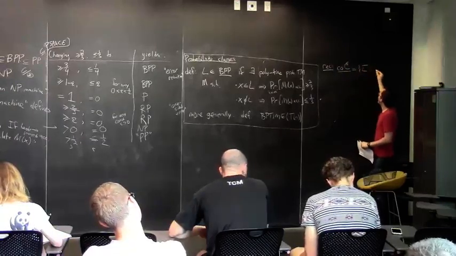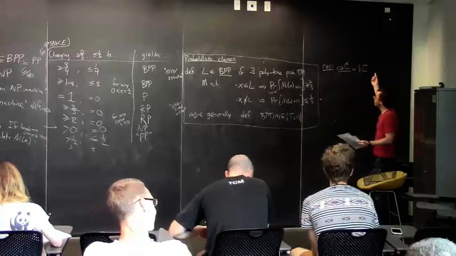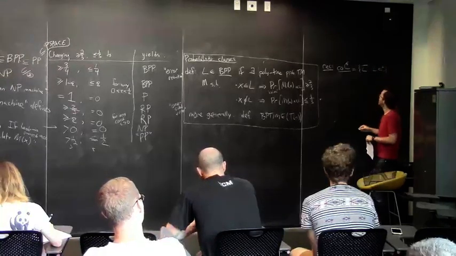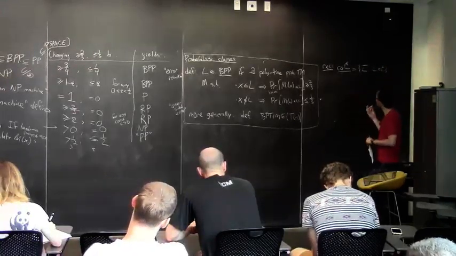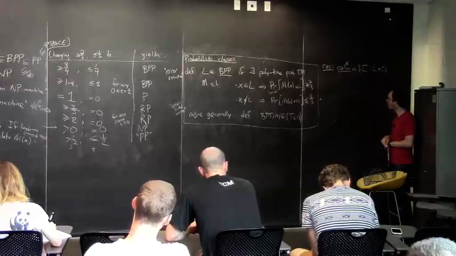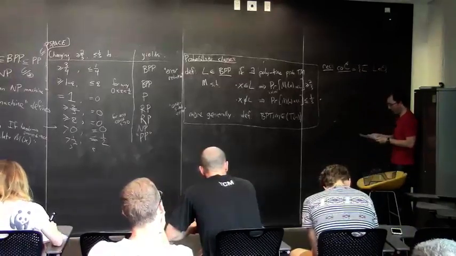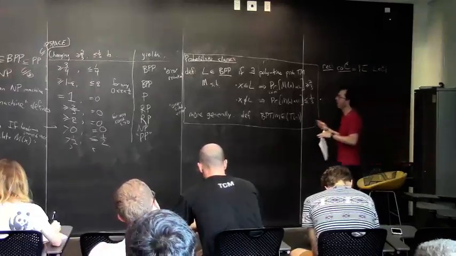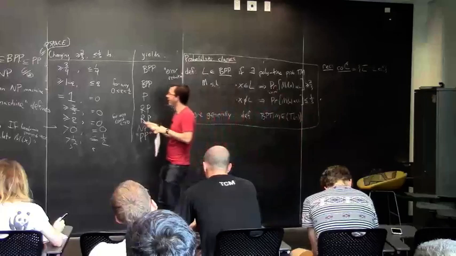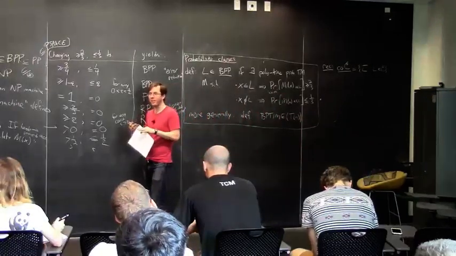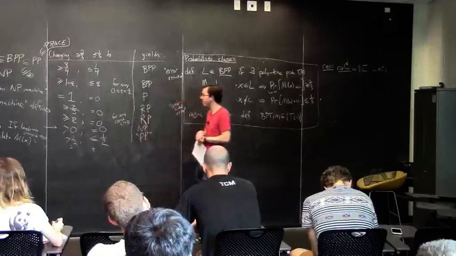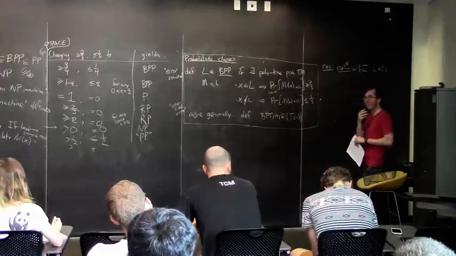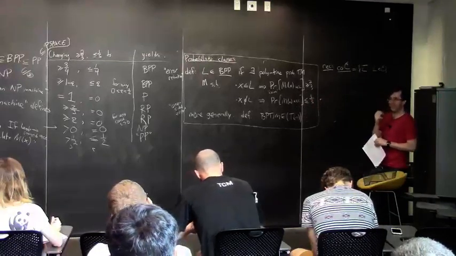It's the class of all languages which are complements of languages in C. So C is any class; co-C is all the languages whose complements are in C. In some sense, whenever you have a class defined by Turing machines accepting and rejecting, if you just reverse the role of accept and reject, you get the co version of the class. So we can apply this observation to all these classes and generate new classes.